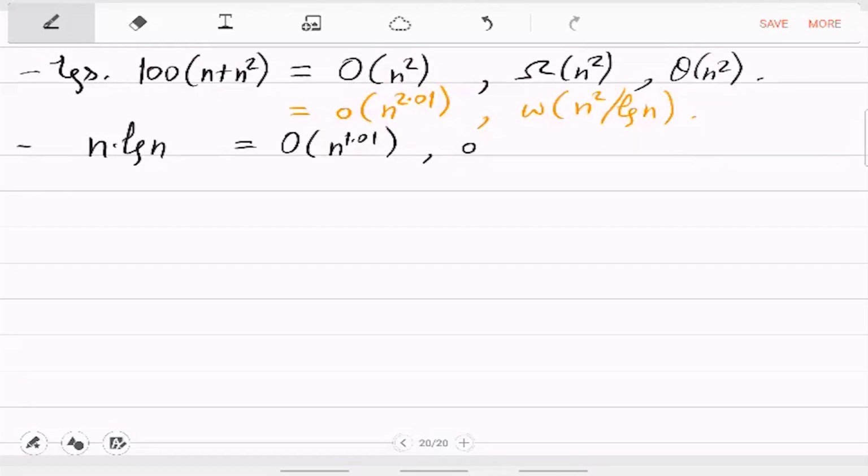And in fact, it is small o of n to the 1 plus epsilon for any positive real number epsilon, in the limit, because log n by n to the epsilon tends to 0. Okay, that is important to remember. So log n is exponentially smaller than any polynomial in n.